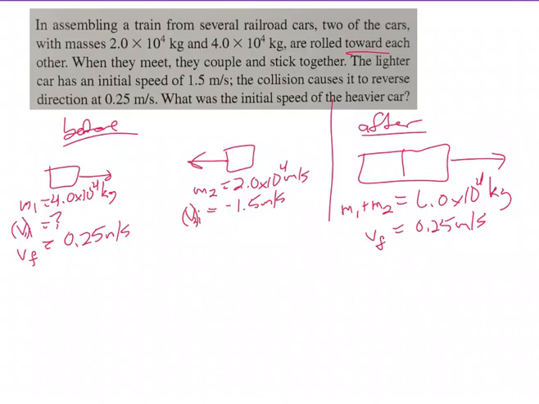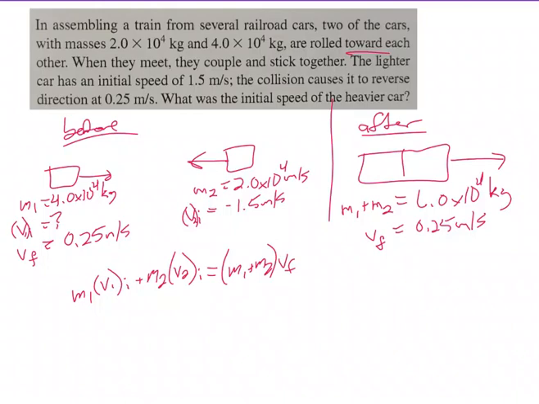So we have mass 1 times V1 initial, plus mass 2 times V2 initial, equals, we can just do the mass of the system, so M1 plus M2 times V final.